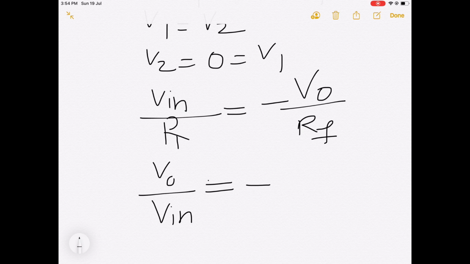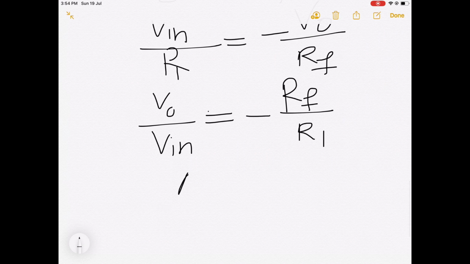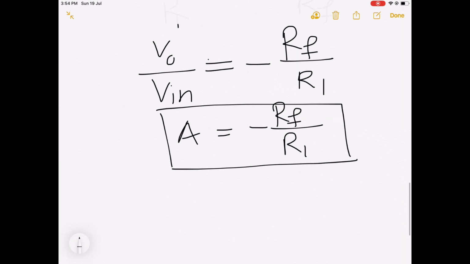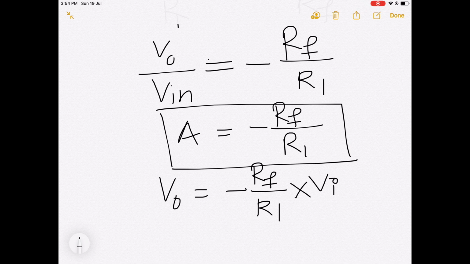So we get minus RF upon R1. So the gain of the inverting amplifier can be written as A equal to minus RF by R1. Okay. So this is about the inverting amplifier. We can also write it like this: VO is equal to minus RF upon R1 into V in, which means your output voltage gets amplified by this gain, that is minus RF by R1.